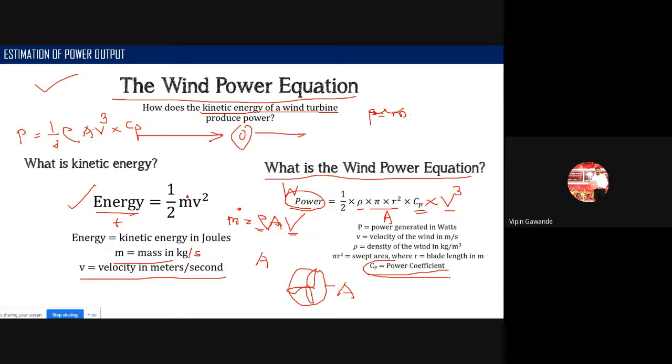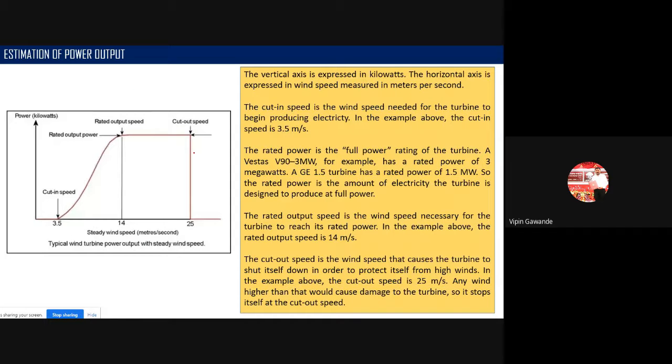We'll see how this power coefficient comes into existence, because this deals with the Betz limit.